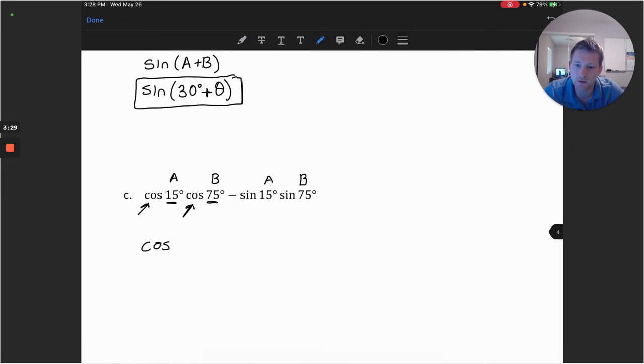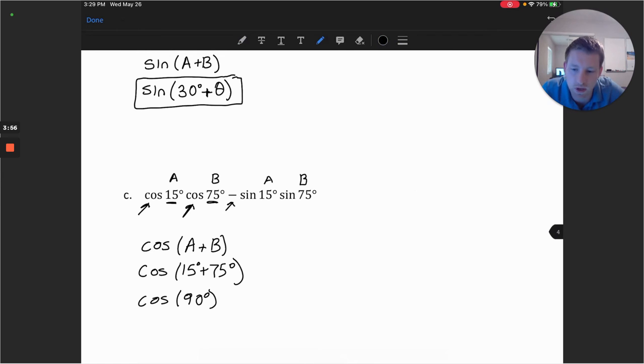And with the cosine, we always flip the sign in the middle, so this would be A plus B for that cosine. And so 15 and 75, I could rewrite in my cosine. This is actually cosine of 90 degrees.